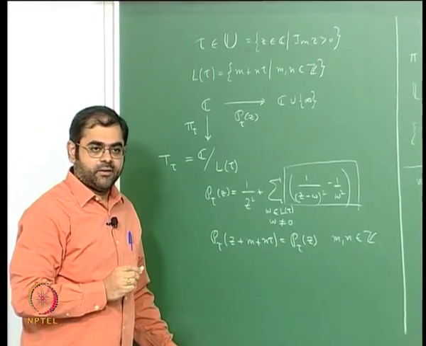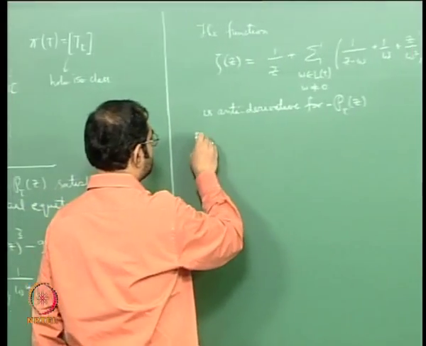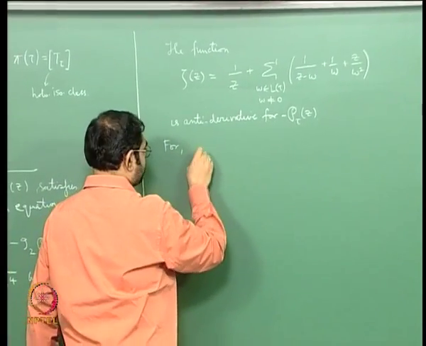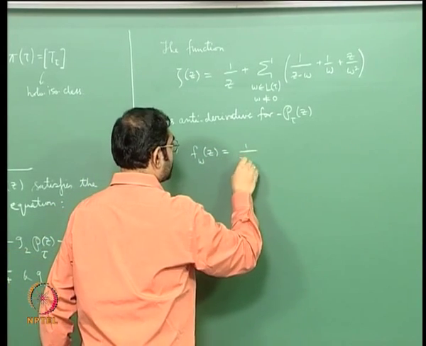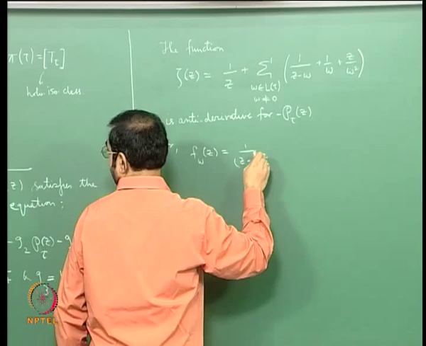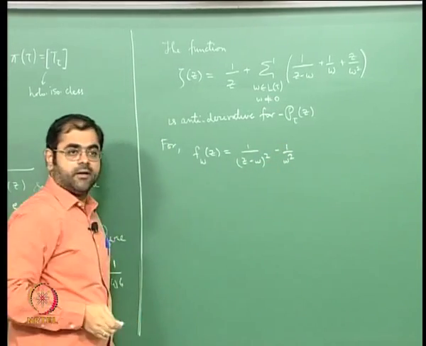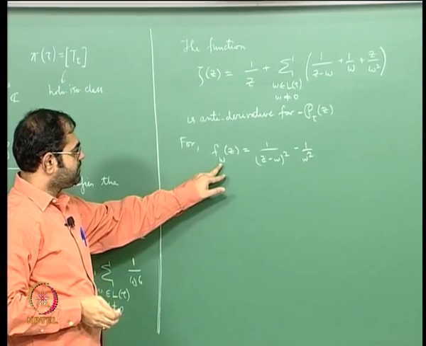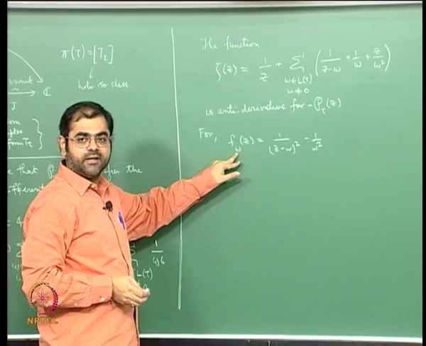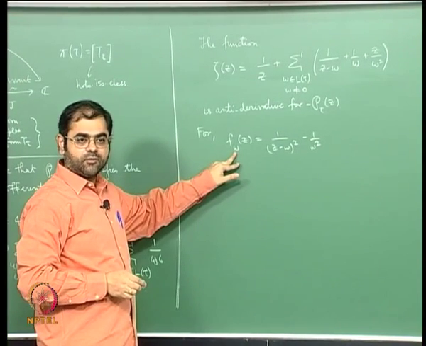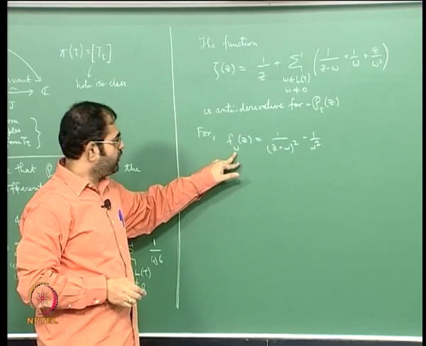Let's call each term f sub omega of z. So f sub omega of z is 1 by z minus omega the whole squared minus 1 by omega squared. Now it is clearly an analytic function except for z equal to omega, which is a lattice point where it has a pole of order 2.